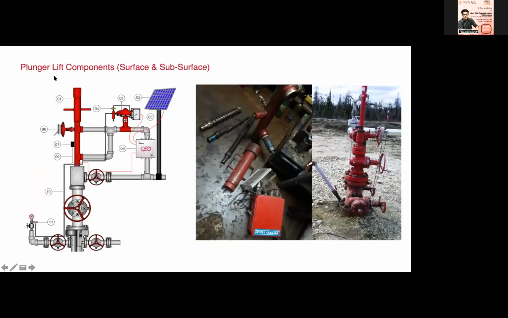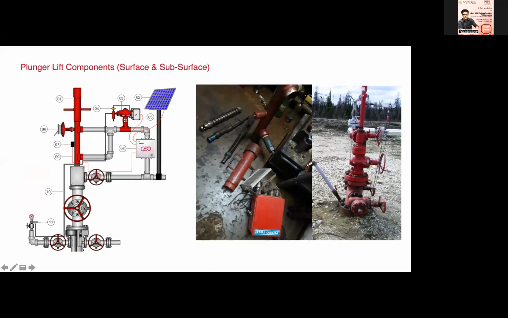For the plunger lift, we have two components, the surface components and the subsurface components. In the surface components, we have the lubricator and connection system. And at the subsurface, this is the plunger.